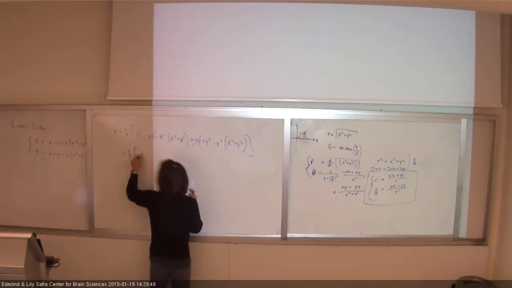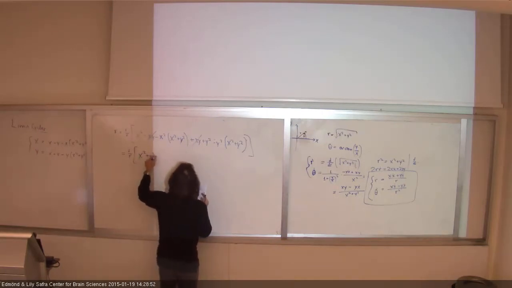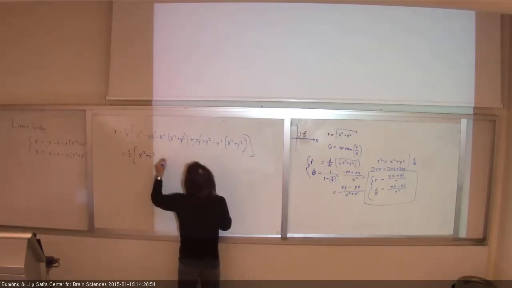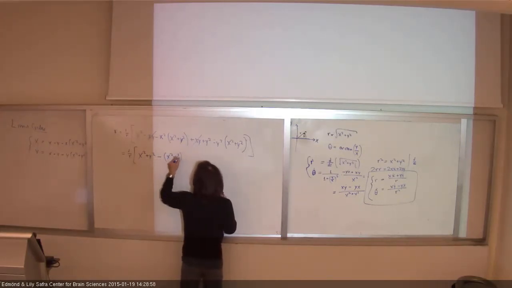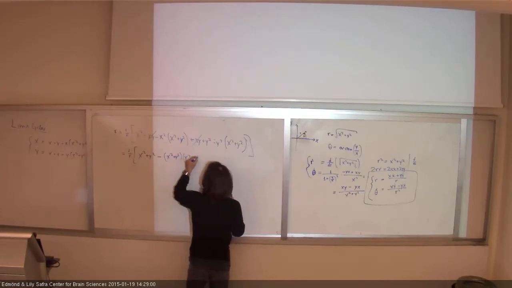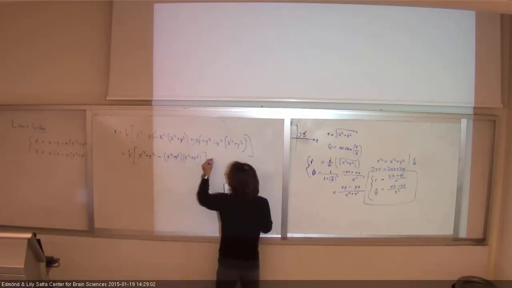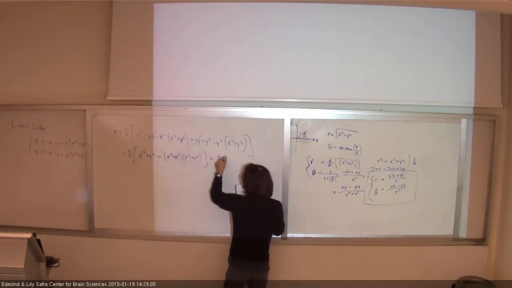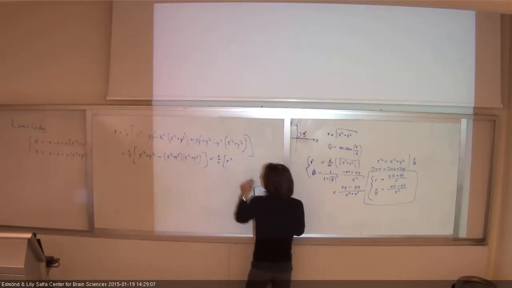Okay, so what I have here is x squared plus y squared minus x squared plus y squared times x squared plus y squared. And remember, this x squared plus y squared is just r squared.